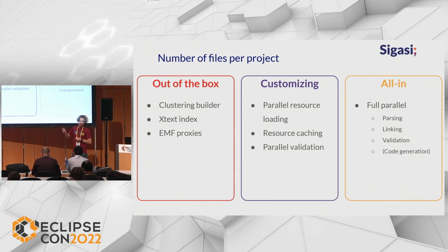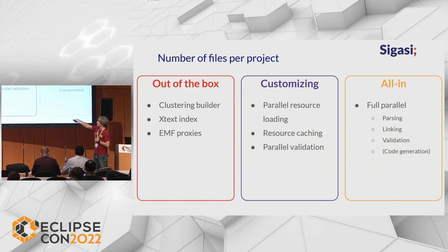What you can enable, and what was contributed by Sigasi, is parallel resource loading in Xtext by changing the bindings, so customizing the Guice configuration for a language, and making sure that the builder will load resources in parallel on 4 threads, because parsing inherently is single-threaded. We can easily do that, and it scales up nicely depending on the number of cores that you have.